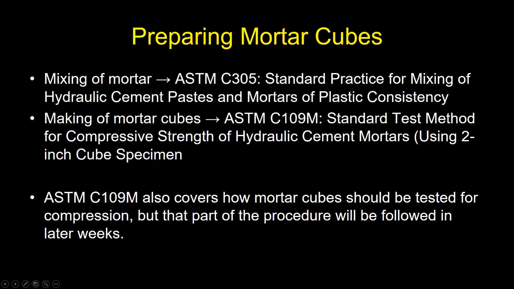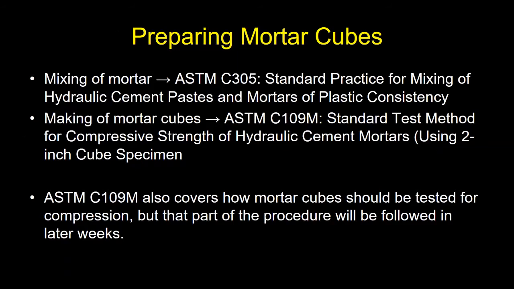ASTM C109, which is the one for making mortar cubes, also covers how the cubes are going to be tested for compressive strength, but we won't cover that until 2 weeks from now. So when you do your report, you can mention ASTM C109 as covering both making the mortar cubes, placing them into the mold and curing them, and it also goes through how you're going to compression test them in the loading frame.